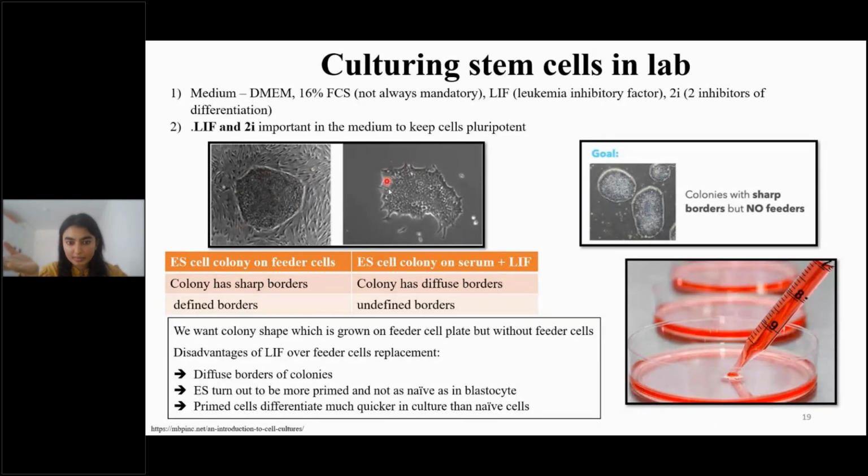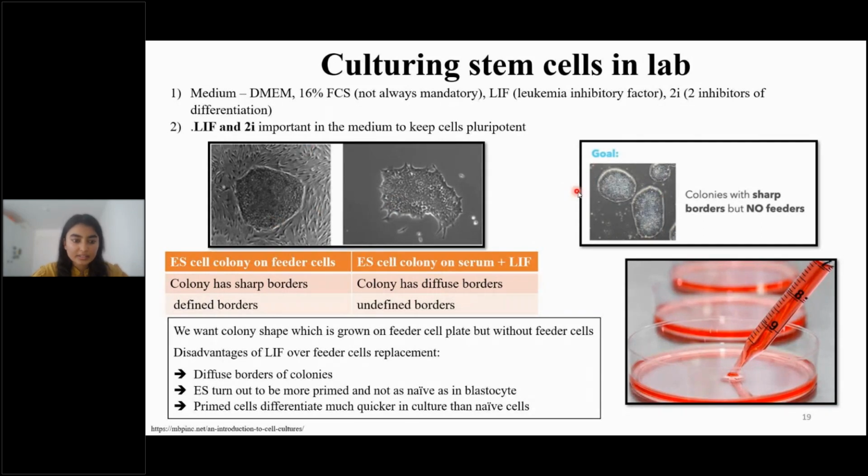It looks like an amoeba basically. So here you have defined borders, and here you have undefined borders. So what should a good colony look like? When we are looking at the colony, how should it look? What we need is sharp borders but with no feeder layer. So this is what we want.